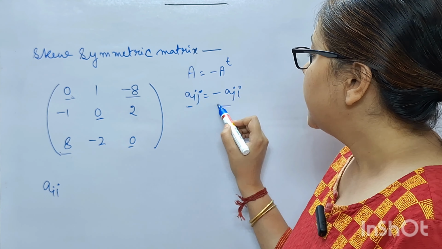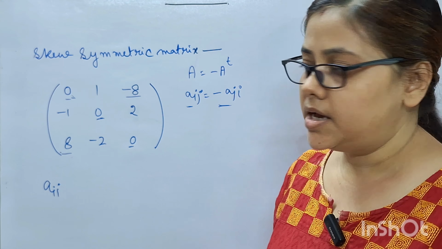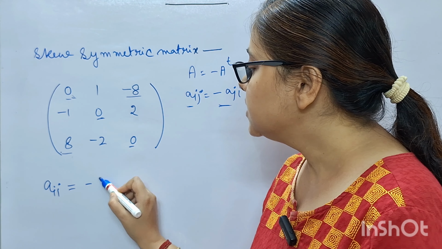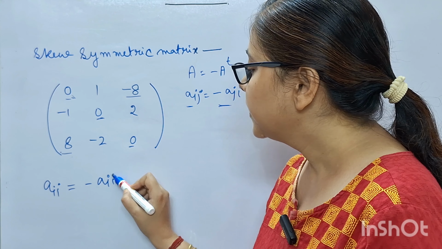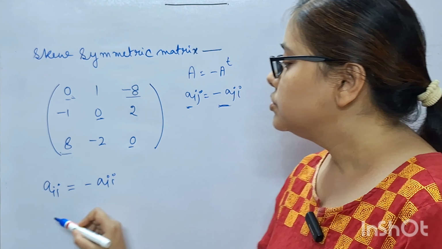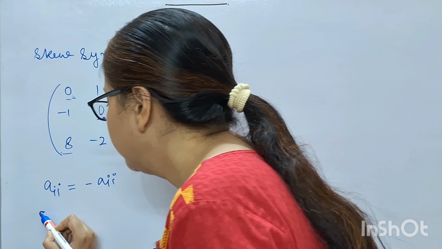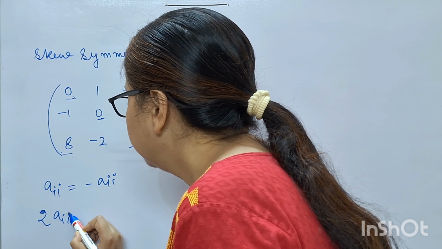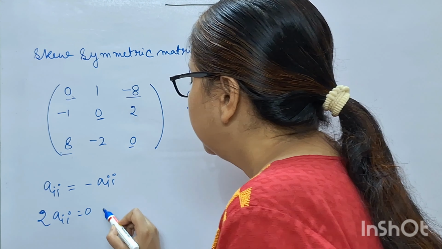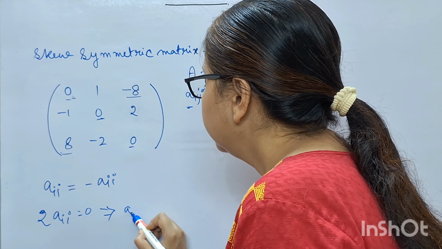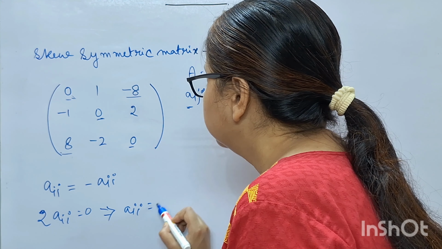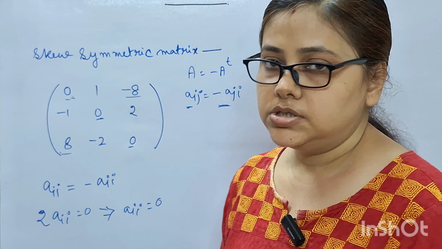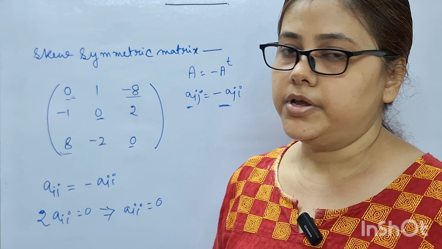But since Aij equals minus Aji, therefore Aii will be equal to minus Aii by this condition. So 2 Aii will be equal to 0, which implies Aii equals 0. That is, the diagonal elements will be strictly 0 in the case of a skew symmetric matrix.